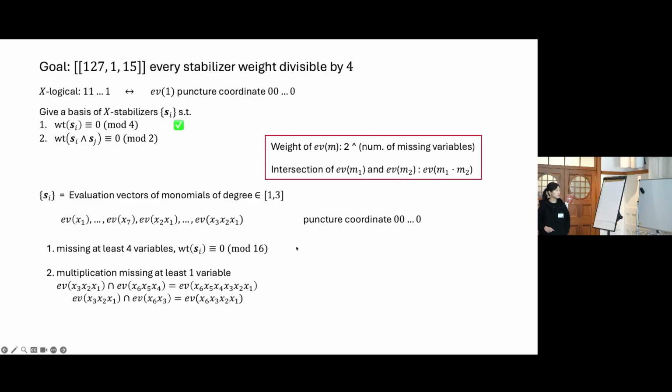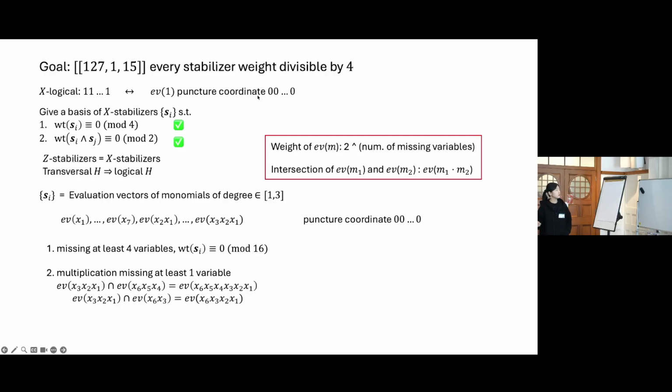If you consider the second constraint, where we just need to take the intersection of two monomials by multiplying them, you will see that multiplying two degree 3 monomials gives a degree 6 monomial at most. So it will lack at least 1 variable, and the weight of this intersection is divisible by 2. So this is checked. Every stabilizer weight divisible by 4 is checked.